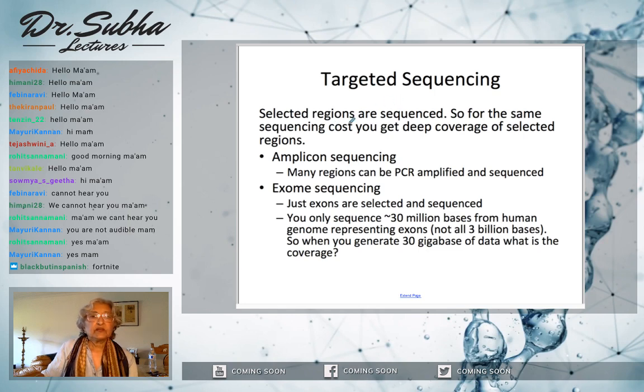Okay, so you can select regions and sequence them. How do you select regions? One way, which we have done for the TIGS project, is amplicon sequencing. Suppose you want to know the variants within a particular region of the genome.